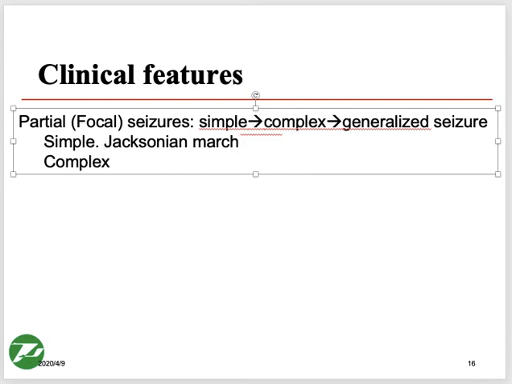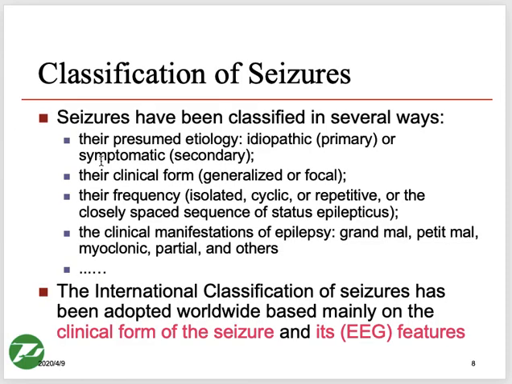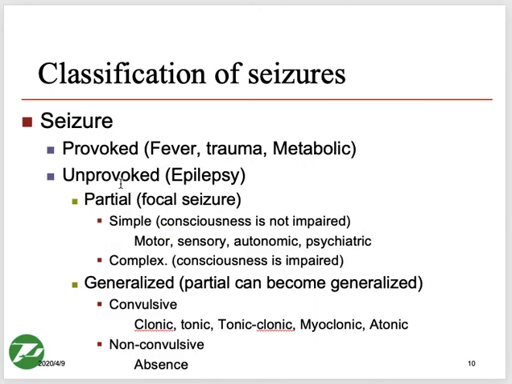Again, if you're confused about what I'm talking about, I already told you the classification, how we classify. What I am doing right now is simply talking about how the motor will present, how the sensory will present, how the autonomic will present.